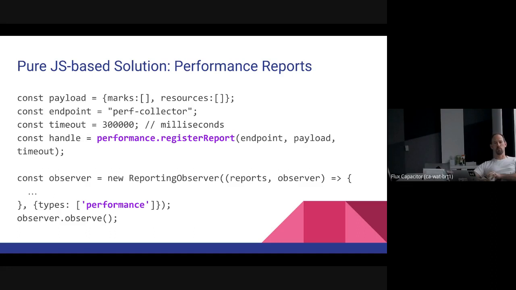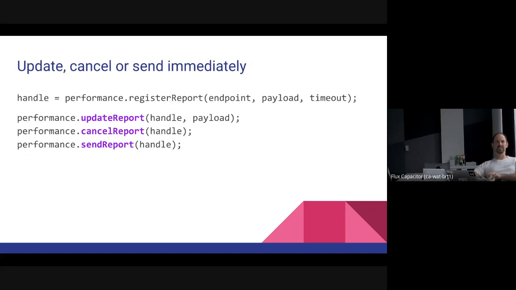And then the reporting observer would be able to actually see that if that goes out. Obviously, if it happens at the end of the session, then there's no reporting observer left to see it. And being a script-based API, we can add any sort of APIs that we need to update that report, to cancel it, or even to send it immediately.